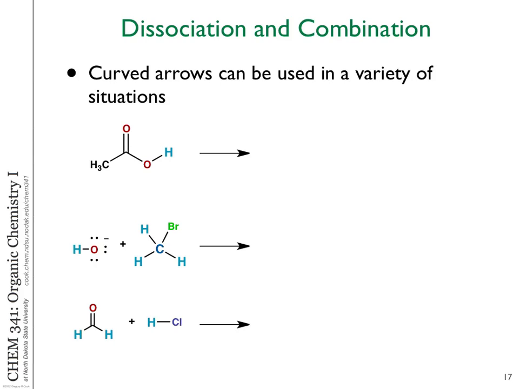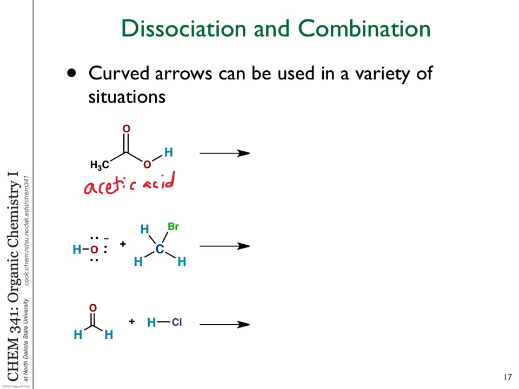But in reactions, so if you have, for example, a dissociation reaction, here is a molecule acetic acid. And if that dissociates, that is, the proton comes off, how might you draw the reaction, the electron flow arrow, the reaction flow arrow, and the products?